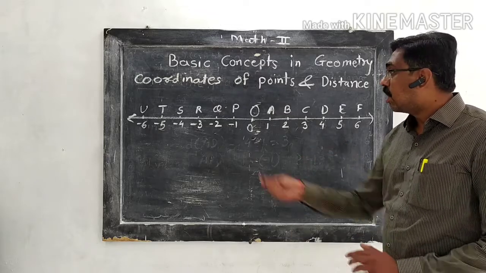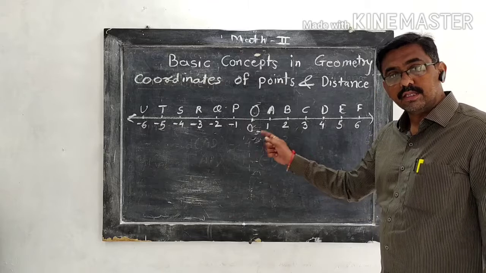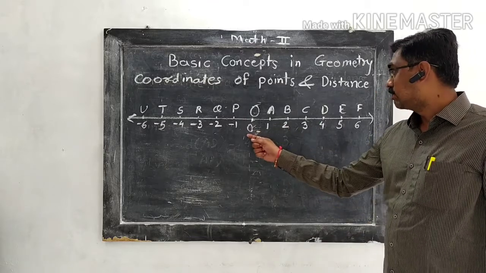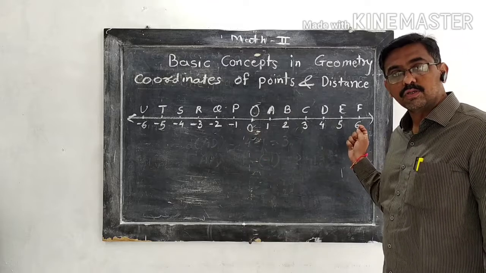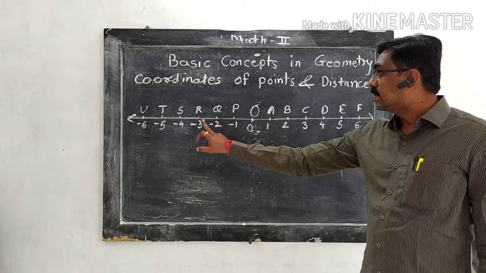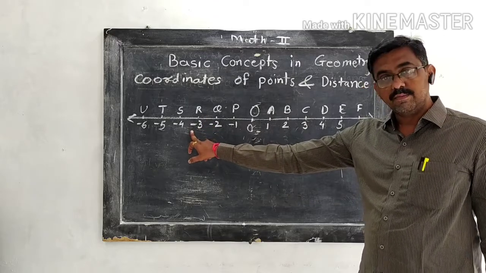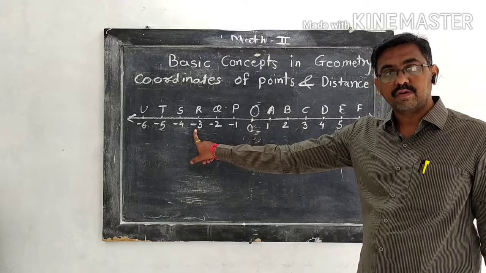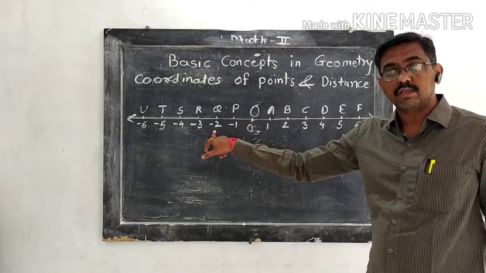That means all negative numbers are smaller than 0 and positive numbers. Similarly, 0 is smaller than all positive numbers. So of two numbers, the number on the left side is smaller than the other number.